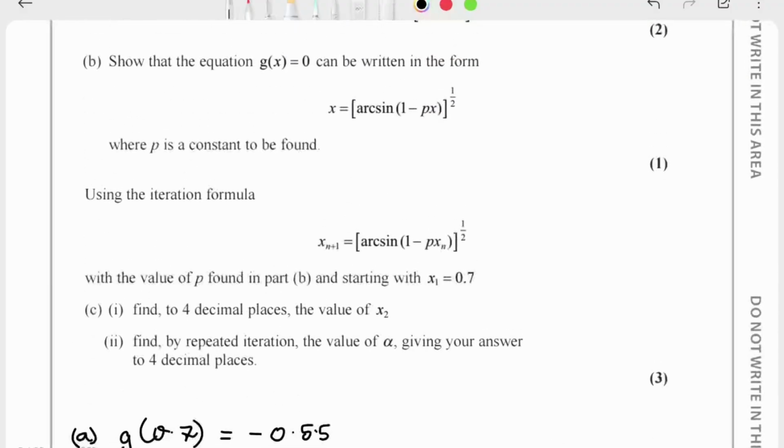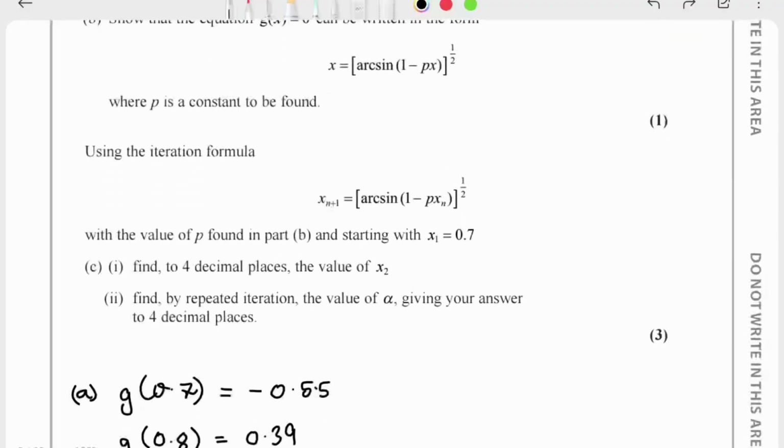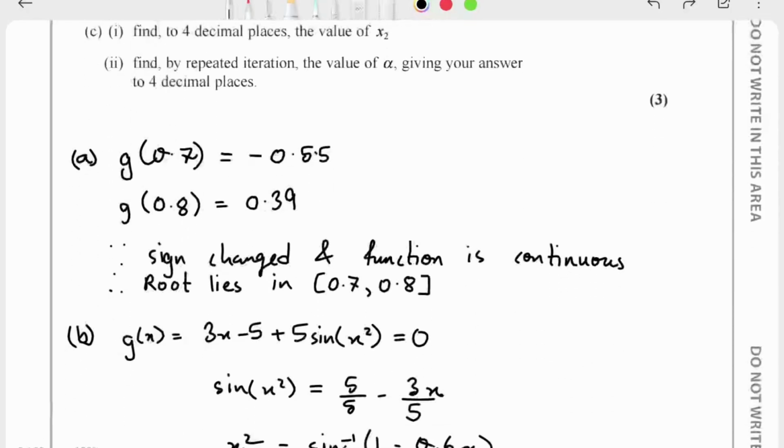And then for part C, they've given us a formula of iteration, and we are to find the value of x2. We're given the value of x1. We need to find the value of x2.